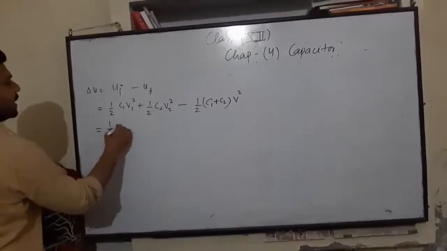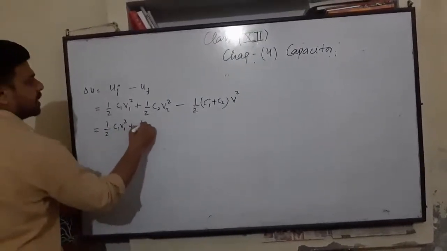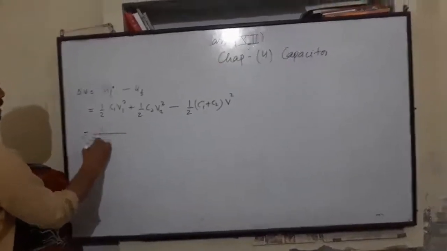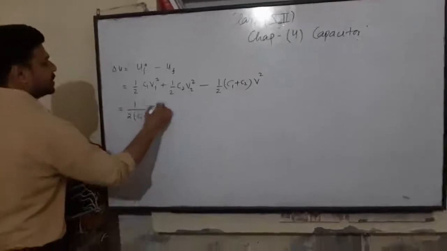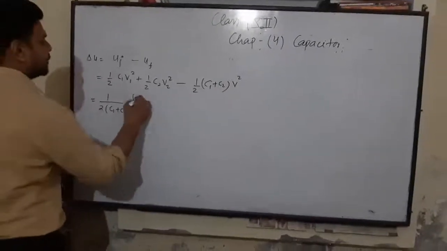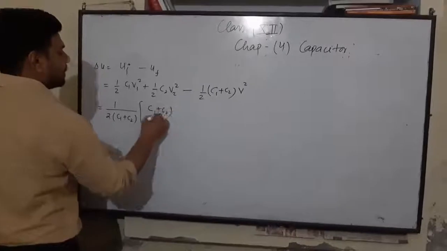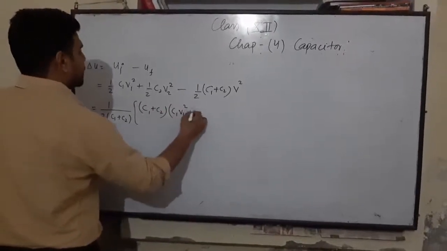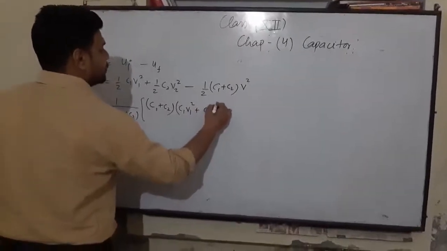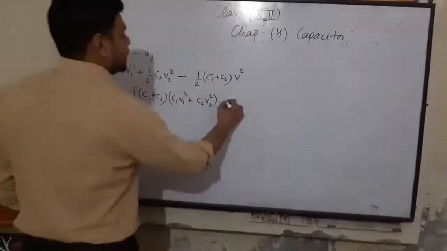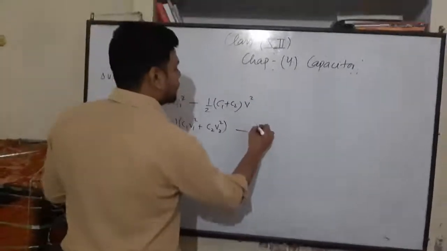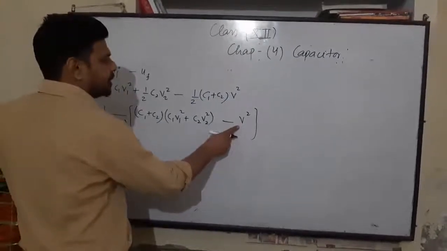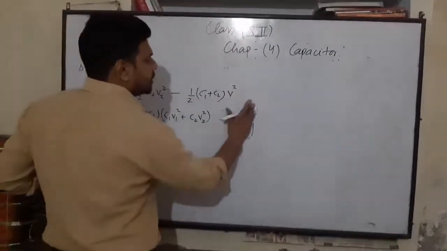Now calculate it. Half C1 V1 square plus half C2 V2 square, minus half C1 plus C2 V square. And what is V? This is the common potential, so you can put the value for this V.